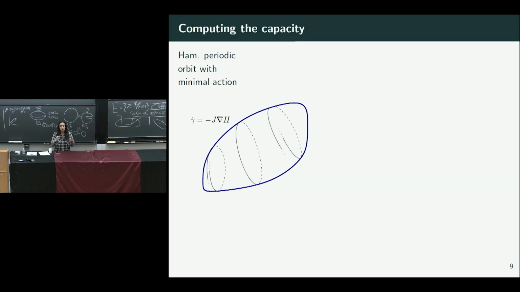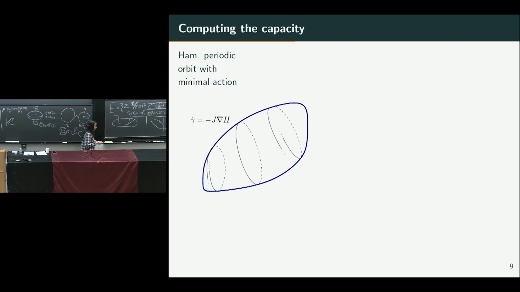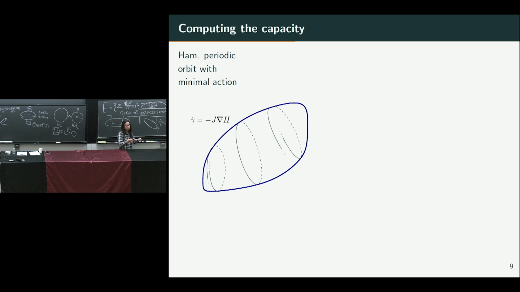But now we don't have a gradient, we can take the subgradient because it's convex. The flow might not be well defined at non-smooth points, but if we require that gamma dot belongs to J times the subgradient, it is good enough. So we're still minimizing over what we call generalized Hamiltonian periodic orbits, and we still get the capacity, the value one would get from taking the supremum over smooth domains inside.